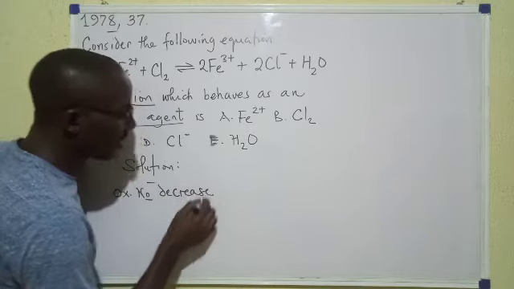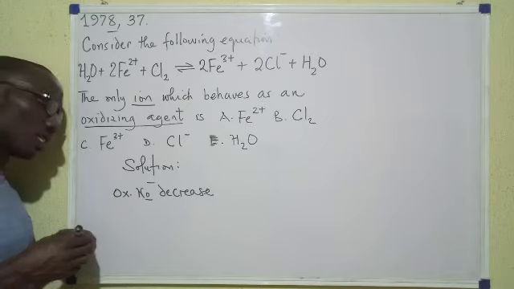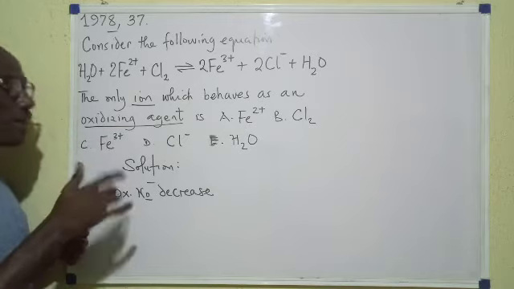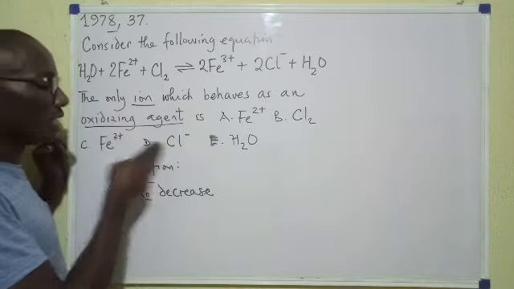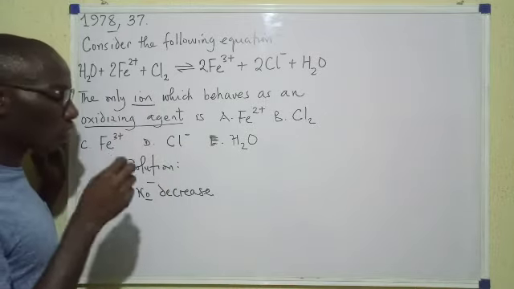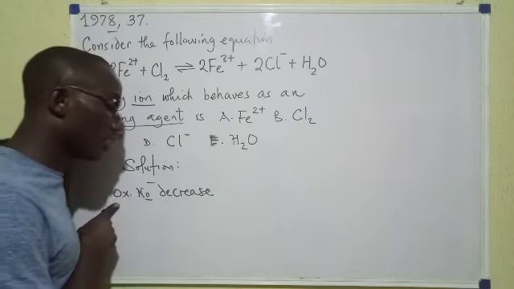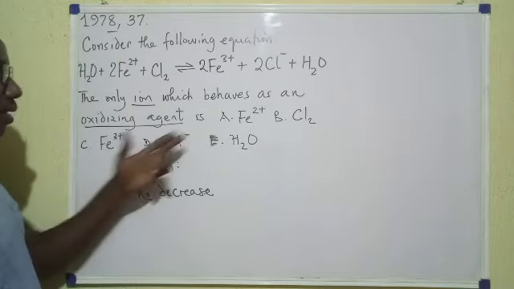So reduction is a decrease in oxidation number, unlike oxidation, which is an increase in oxidation number. So the final task here is for us to check these three ions and see which of them undergoes a decrease in oxidation number.